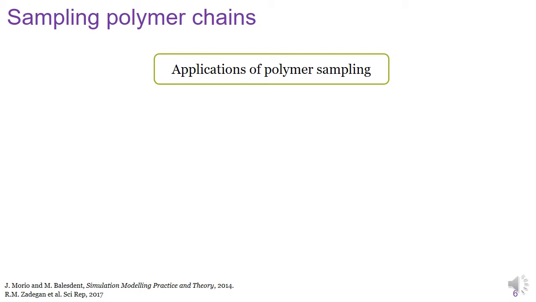It depends on the different applications in polymer sampling. One can be interested in polymer sampling for rare events, which describe a polymer conformation under a free energy field that happens with very low probability.